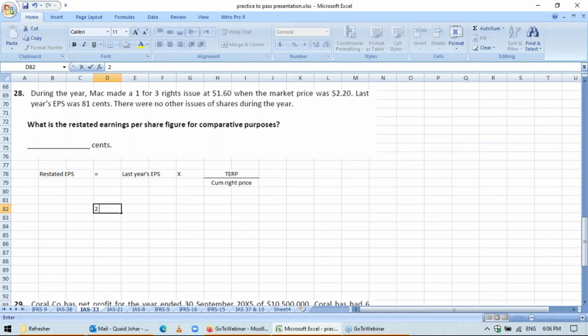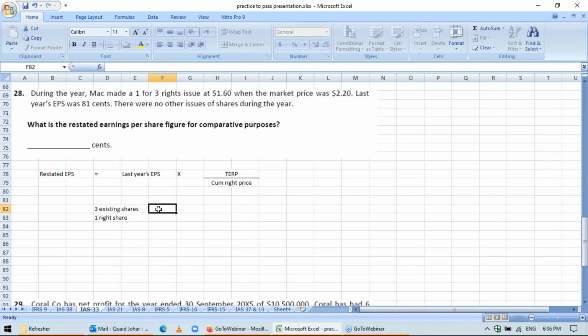So there were 3 existing shares and 1 more was issued, right?